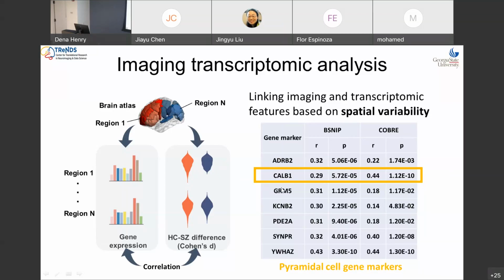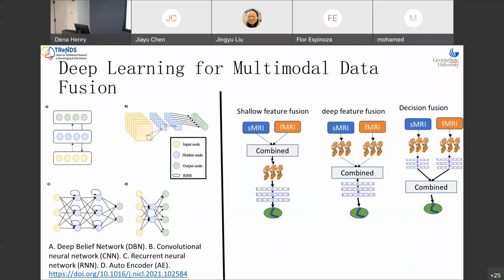Particularly highlighted is the gene CALB1, because this gene is a pyramidal cell gene marker, which means that this gene is preferentially expressed in pyramidal cells. And we know pyramidal cells are preferentially disrupted by schizophrenia risk genes. So this identified gene is consistent with the literature. That's how you can draw inference based on imaging and transcriptomic features with this type of data fusion.